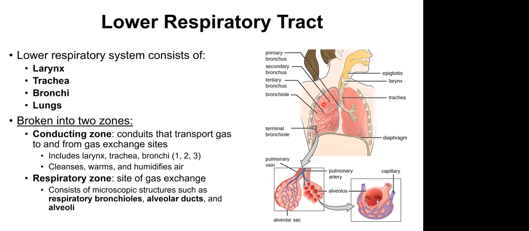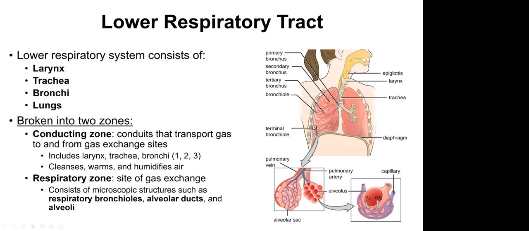Next is the respiratory zone. The respiratory zone is where gas exchange is actually happening. So this is going to include things like the respiratory bronchioles, the alveolar ducts, and the alveoli. Here we would see these alveolar ducts and respiratory bronchioles, and then each little circle that you see here is an alveolus.